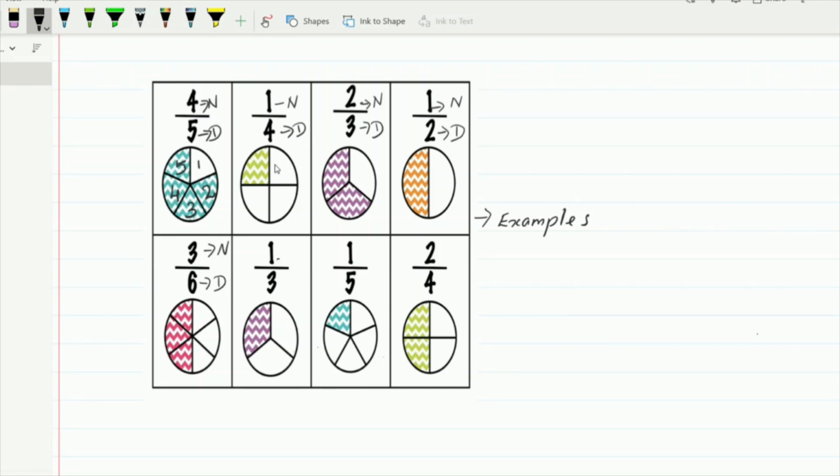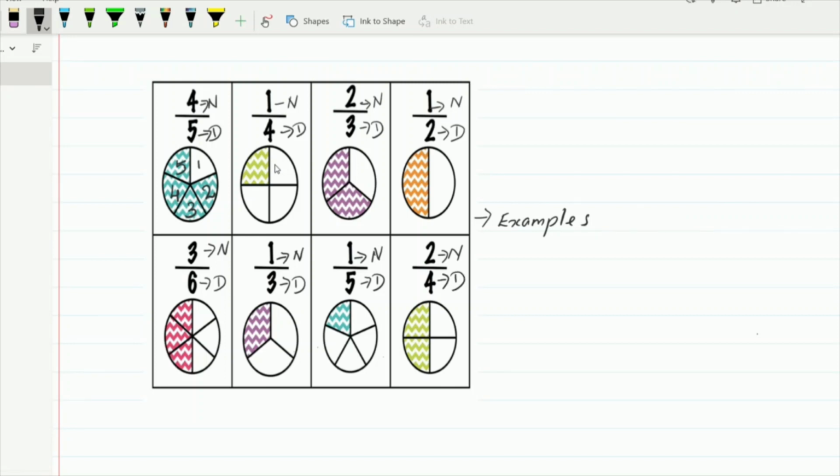This figure is divided into 3 equal parts. We colored 1 part, so 1 is the numerator and 3 is the denominator. In this one, 1 part is selected out of 5 equal parts, so 1 is the numerator and 5 the denominator. And here 2 is the numerator and 4 is the denominator.